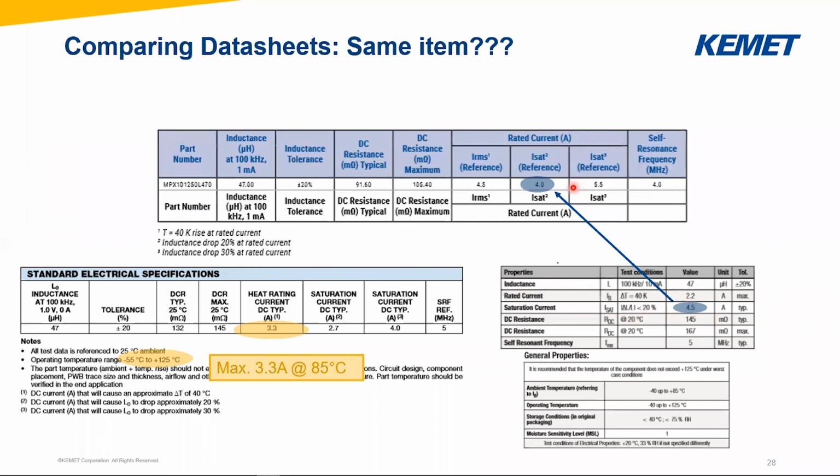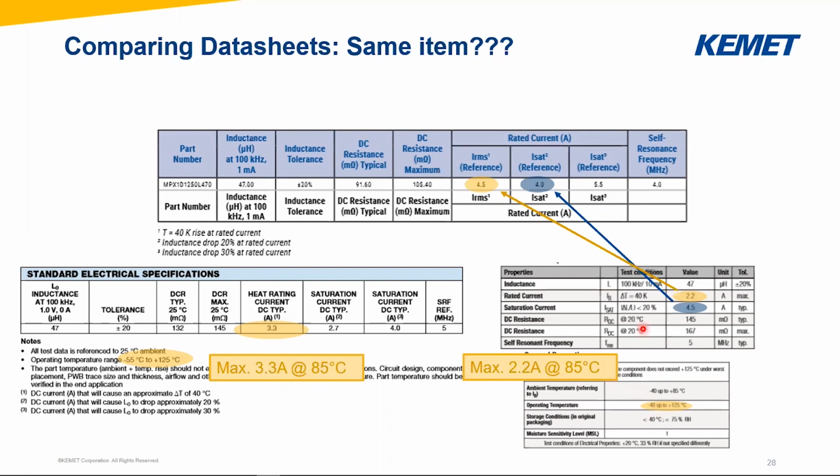At first I would say, nice item, let's take this one. But when you read further, you can see, oh my God, 2.2 amps at 40K self-heating, which is much less than our item. Again, we have the 2.2 amps at a temperature rise of 40K, so my maximum allowable temperature is 85 degrees.